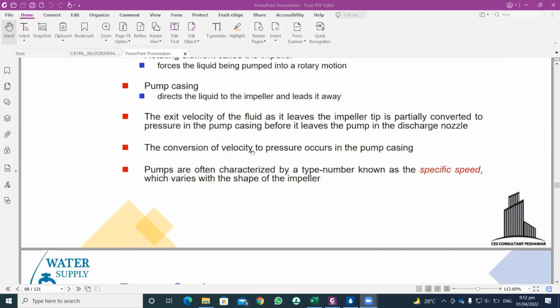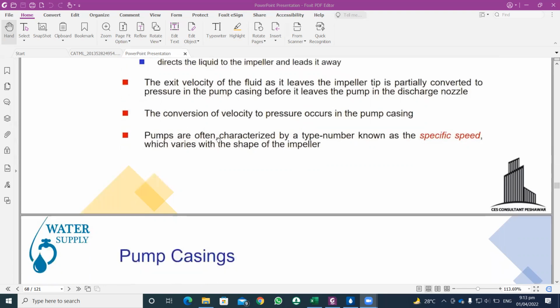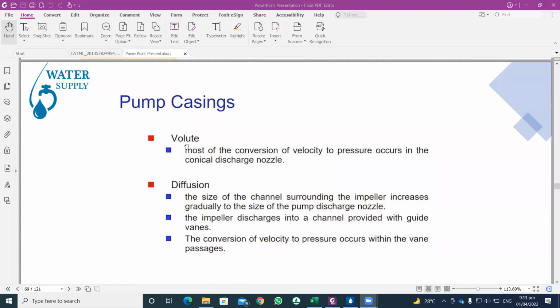The discharge nozzle, basically the volute, gives the energy to the fluid. The conversion of velocity to pressure occurs in the pump casing. Basically, in a pump casing there is an impeller which converts the mechanical energy into fluid energy. Pumps are often characterized by a type number known as specific speed, which varies with the shape of the impeller. So different shapes or sizes of impeller have different specific speeds. In a volute, most of the conversion of velocity to pressure occurs in the conical discharge nozzle.